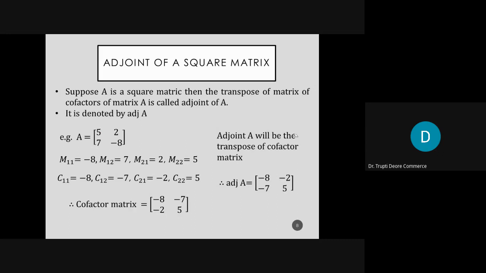The answer is that the transpose of a matrix of cofactors is called the adjoint of A. The second property we saw is that it is always calculated for the square matrix only. You cannot calculate the adjoint for a rectangular matrix, because for a rectangular matrix you cannot calculate minors and cofactors. That's why adjoint of a matrix is possible only when there is a square matrix.